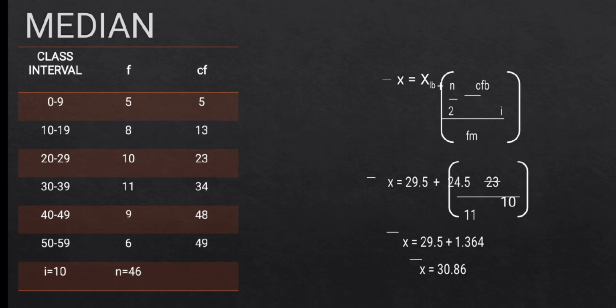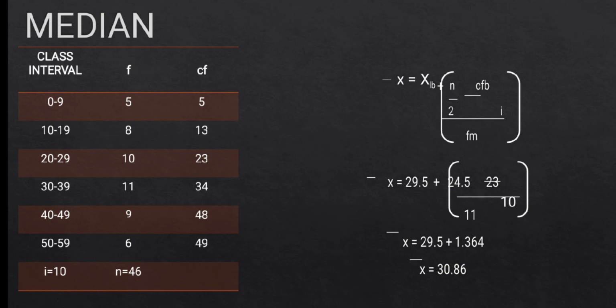The first thing you want to do here is to figure out the value of n over 2. Once you have the answer to that, it will be easier to find the numbers you need to plug in the formula. N is equal to 49. Divide it by 2 and you'll get the value of n over 2, which is 24.5.